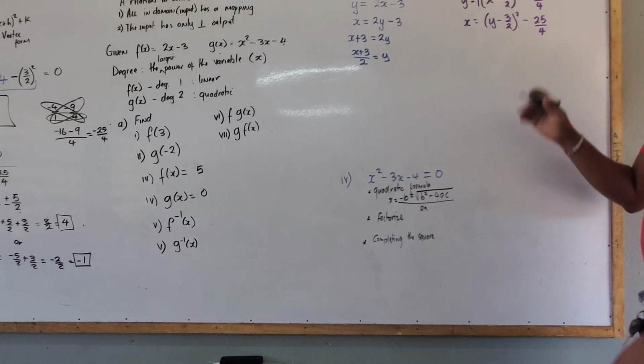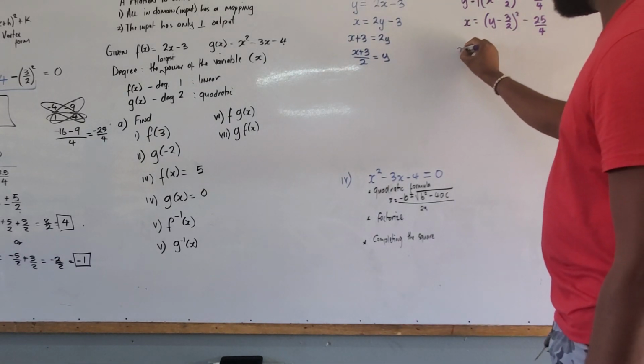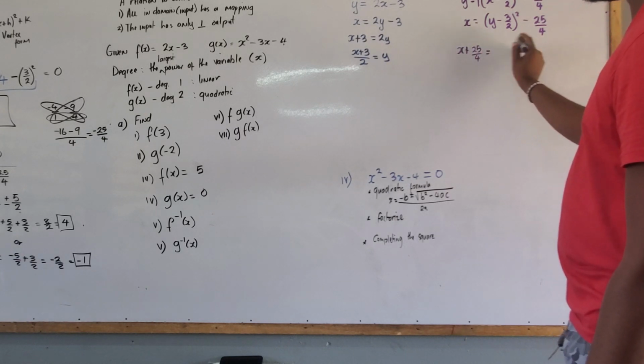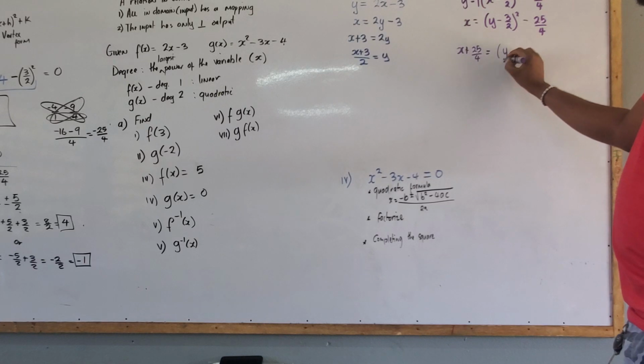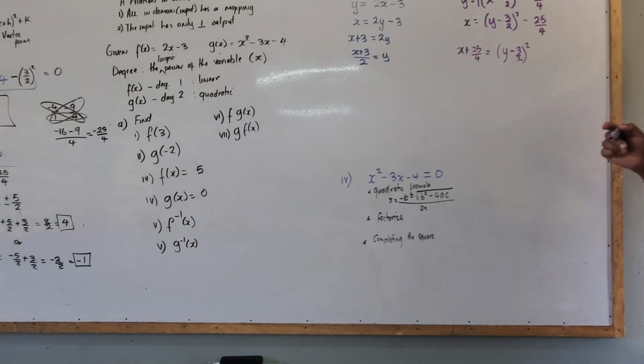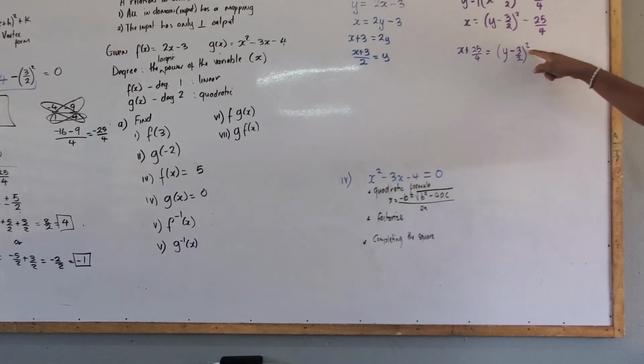So this is going to be x plus 25 over 4 equal to y minus 3 over 2 all squared. Everybody catch up? Bring that over, flip. Now the next step is to get rid of the square.